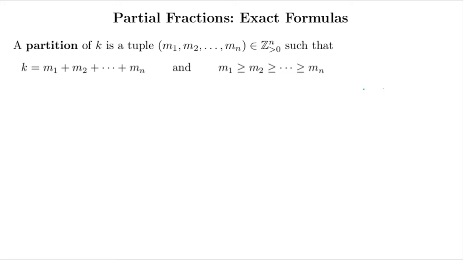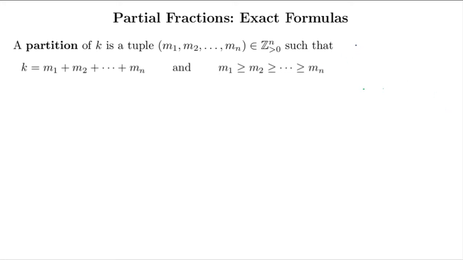I mentioned those in the previous video where we had compositions. So a partition is very similar to a composition. Again, we are given an integer k, and we want to write it as a sum of positive integers m1 through mn. But as opposed to a composition, now I want to disregard order.